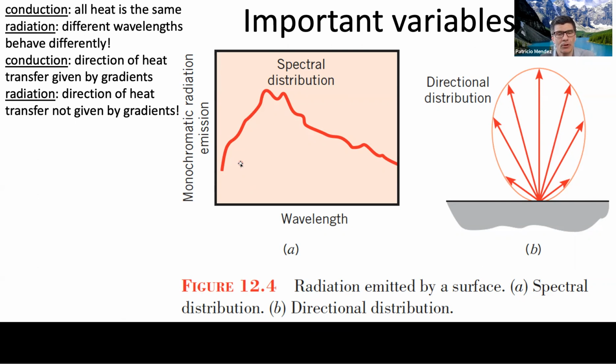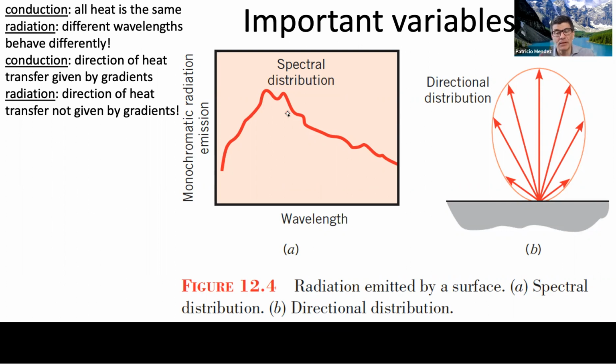We're gonna get deeper into this later. For a given surface, at a given temperature, the amount of radiation that is emitted at each wavelength is different. Some wavelengths are high, some wavelengths are low. The total amount of heat transferred by radiation is the integral of the heat transferred at each wavelength.